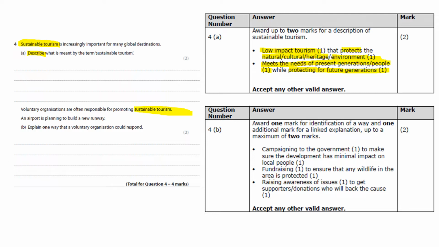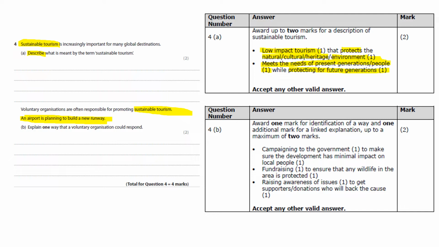They're trying to do this bit over here, if you like. This low impact tourism, they're protecting it. Now, probably building a new runway is not going to be good for the environment. So when we're talking about responding, what they're going to try and do is try and stop the actual runway or make it as less damaging as possible.